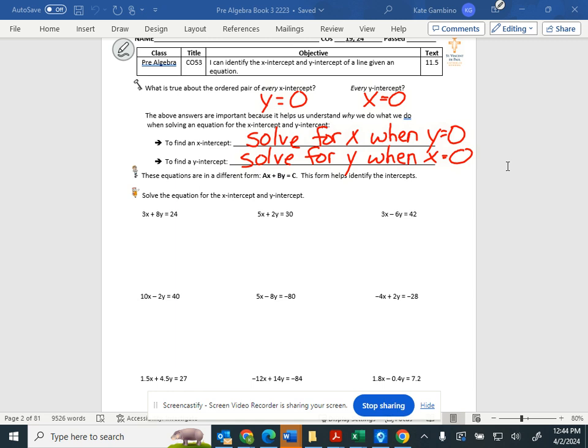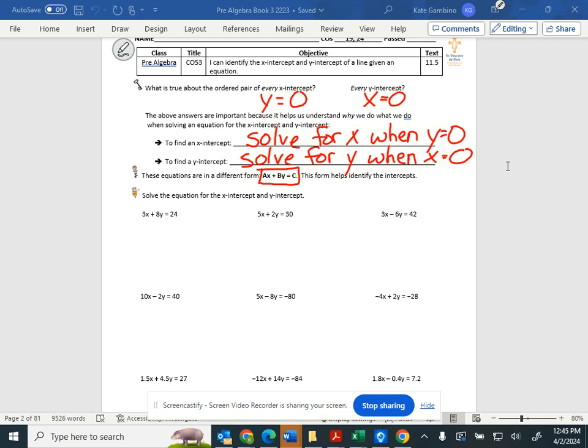So these equations are in a different form. So look at this form. AX plus BY equals C. So this form helps identify the intercepts. So we're going to use this form to find our X and our Y's, the X-intercept and the Y-intercept.